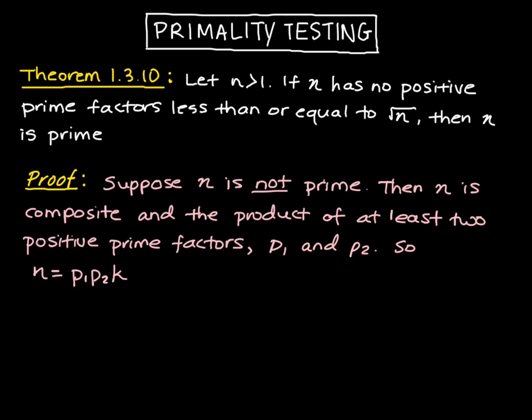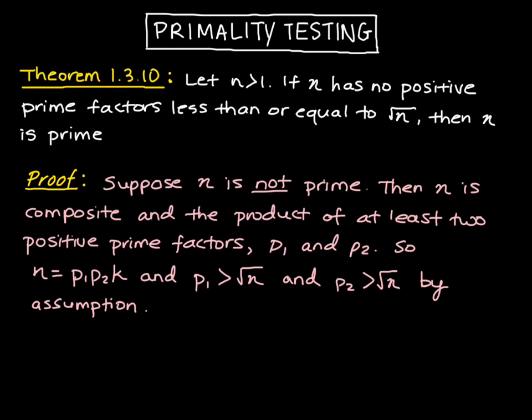Because we're assuming that n has no positive prime factors less than or equal to the square root of itself, we can say that P1 is strictly greater than the square root of n, and P2 is strictly greater than the square root of n, by assumption.